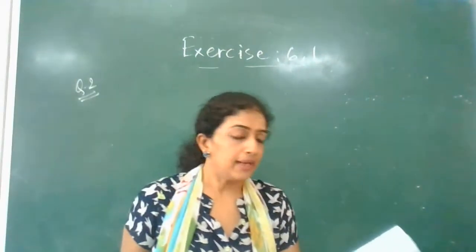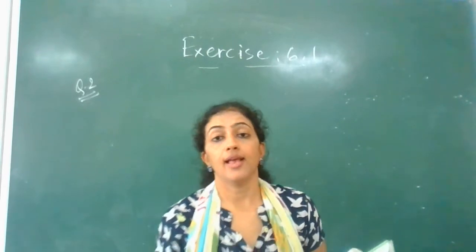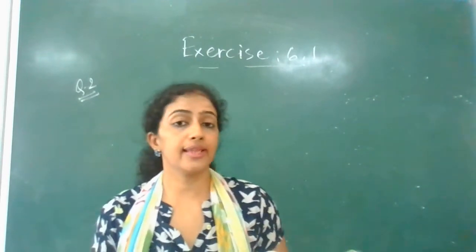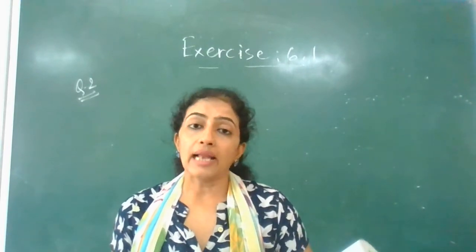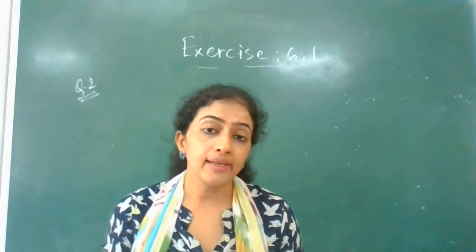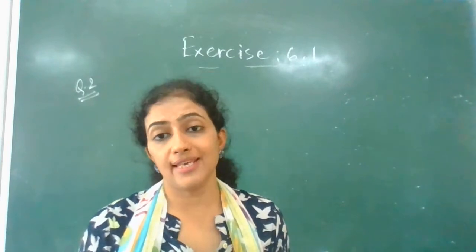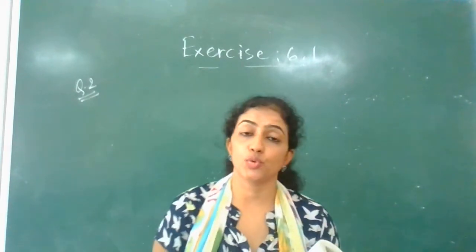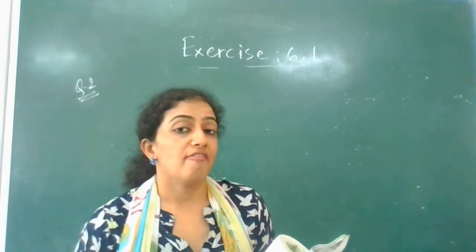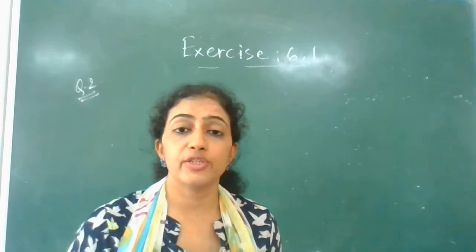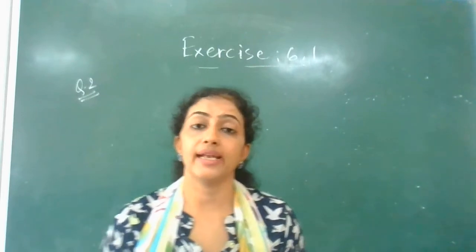Question 2. Represent the following numbers as integers with appropriate sign. See, understand this question. Here they don't want you to write its opposite. They are simply telling you, understand the sentence and present the number with the appropriate sign as an integer. Okay, so first question was totally different. First question was telling us to write its opposite, whereas the second question doesn't want its opposite. They just want you to write the numbers with the appropriate sign.